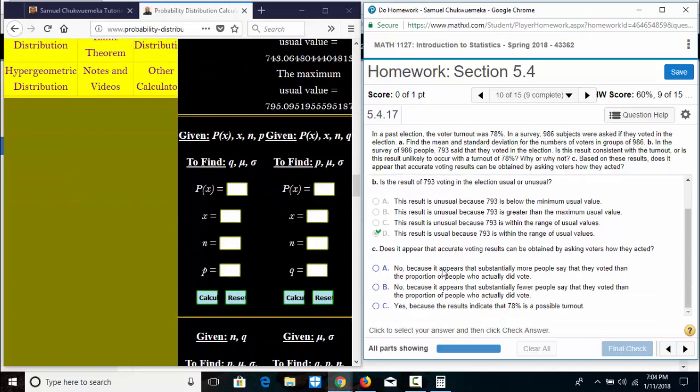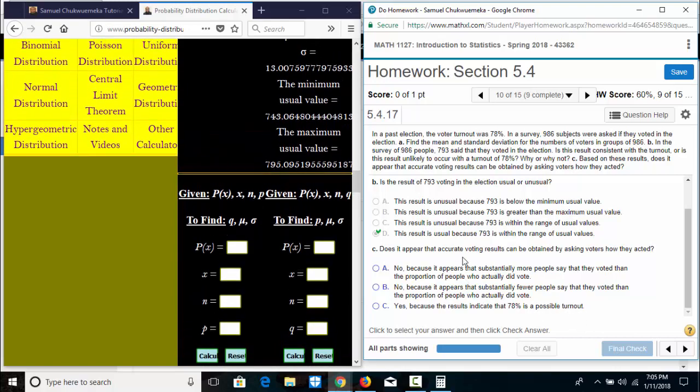So yes, because the results indicate that 78% is a possible turnout. Okay, so it's because it's within these usual values. So yes, because the results indicate that 78% is a possible turnout. See.